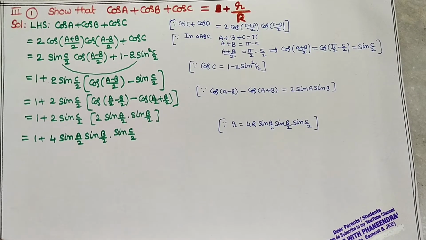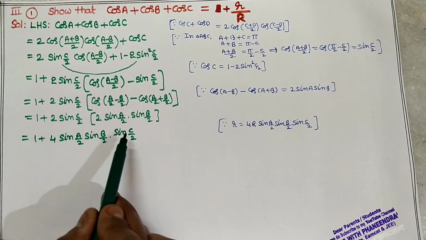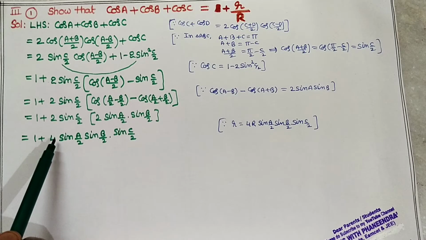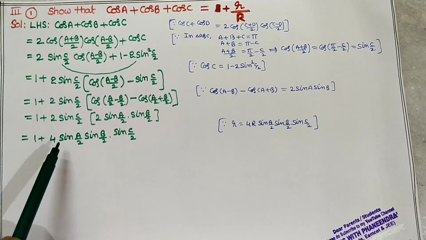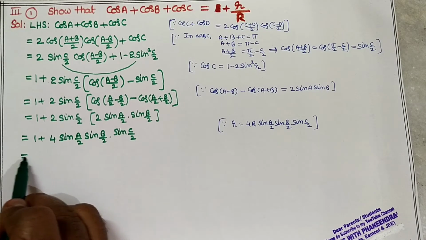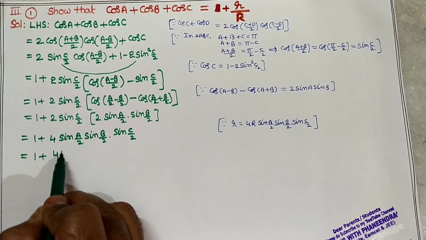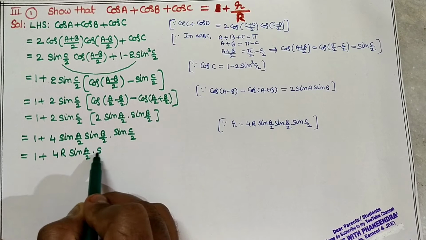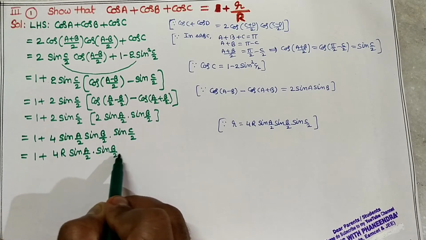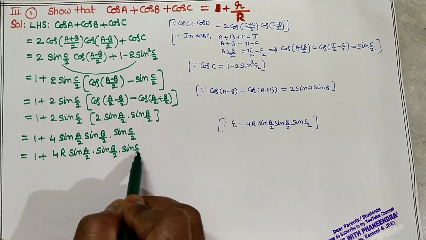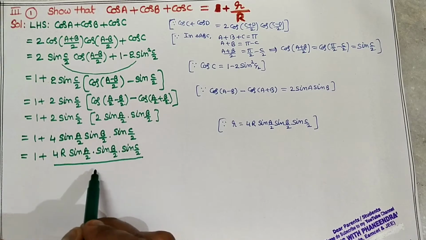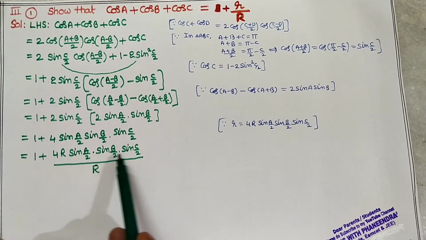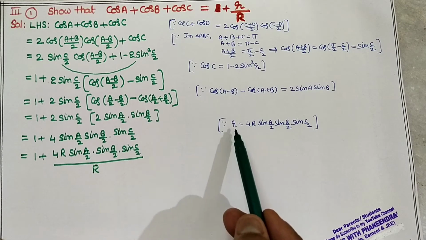So here, to get the small r value in this term, what I want to do is multiply by capital R and divide by capital R. So 1 plus 4 into capital R sin A by 2 into sin B by 2 into sin C by 2, divided by capital R, multiplying and dividing by capital R. The numerator of the second term is equal to small r.